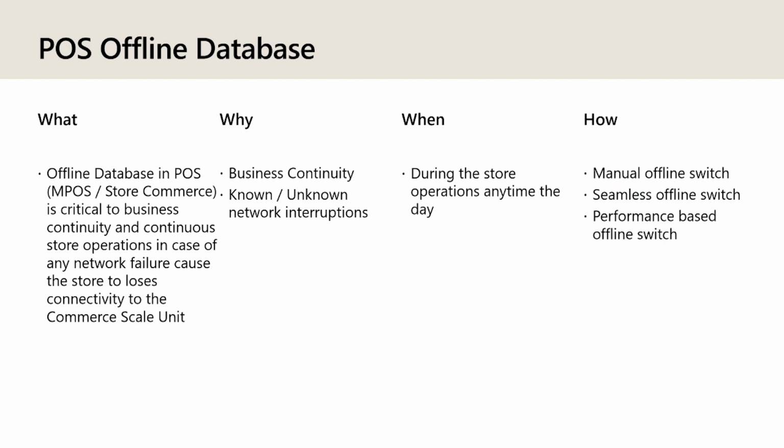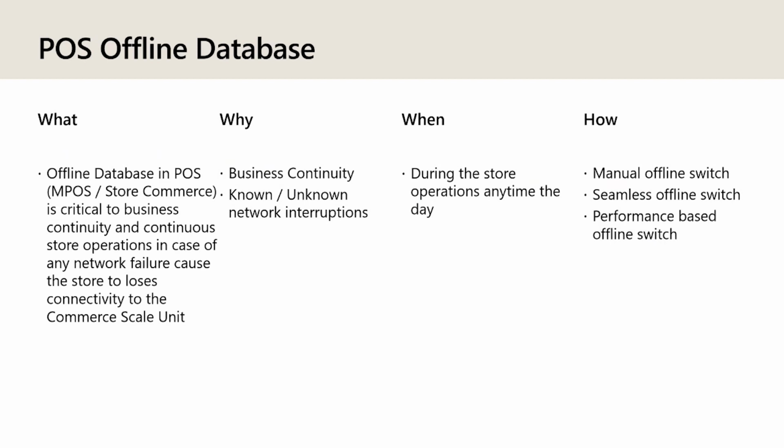And this, of course, anytime during store operations, we've got customers across the board from 24/7 operations to seasonal. So it heavily depends, but regardless of it, the number one thing is you've got to be able to keep transacting. So that gets us finally to that how.